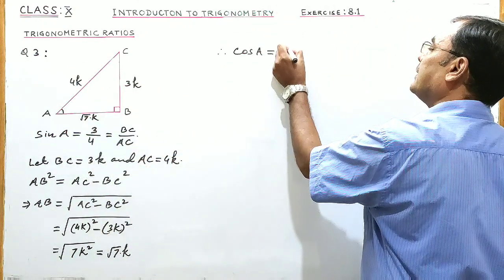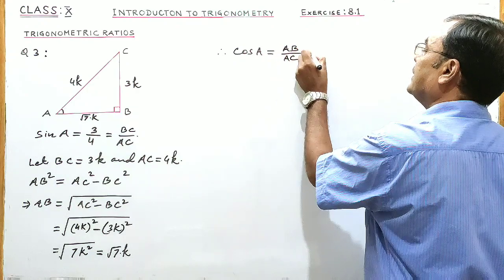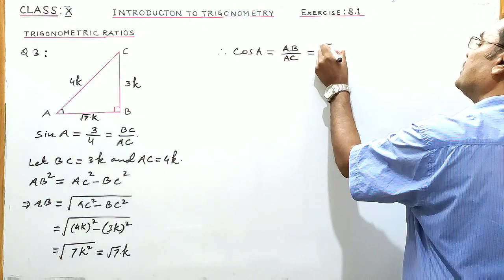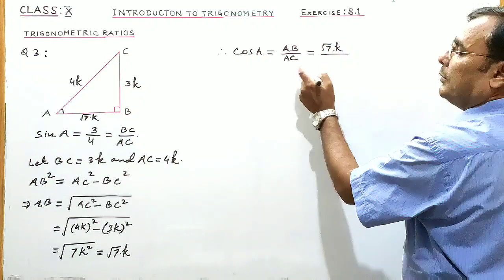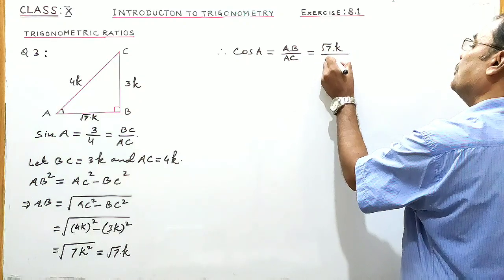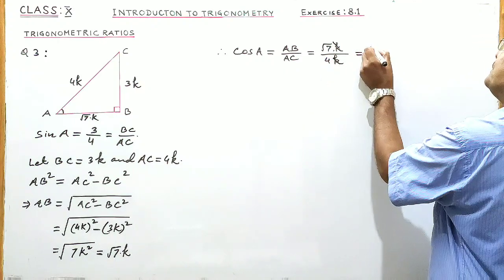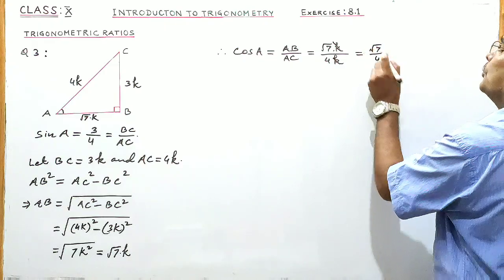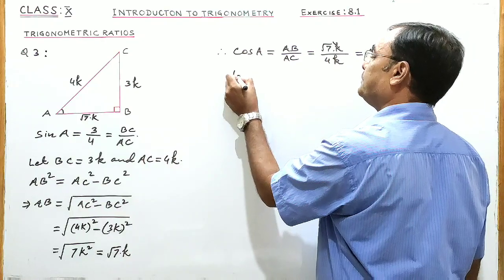So AB by AC. AB is under root 7 into K by AC which is 4K. This K cancels. So root 7 by 4. This is cos A.